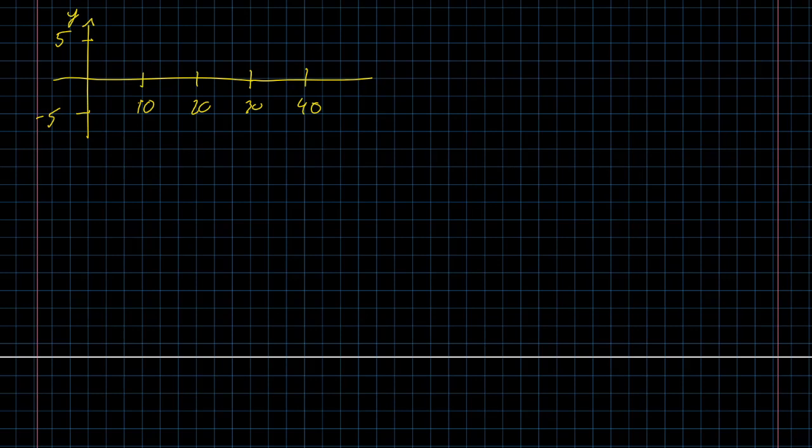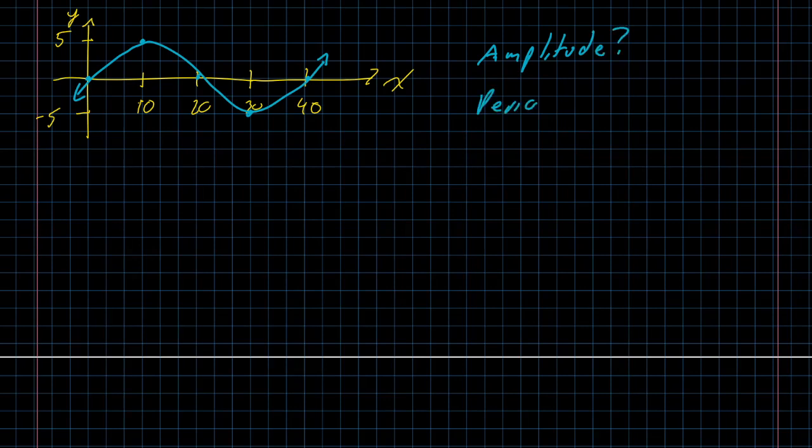I have 10, 20, 30, and 40 on the x-axis. And I have a sine wave that kind of plays connect the dots. From this graph, I would like you to tell me what is the amplitude and the period of this sine wave.